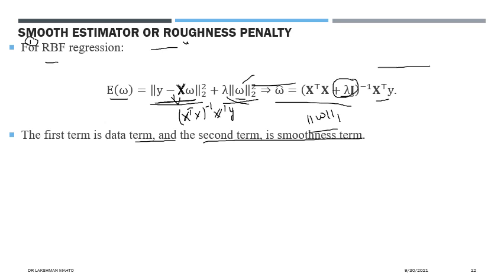Now if we come to the second term, we are calling it a smoothness term or penalty term. It is putting a penalty over omega. So what is not meaningful will go to 0, and what is meaningful will have a certain value.